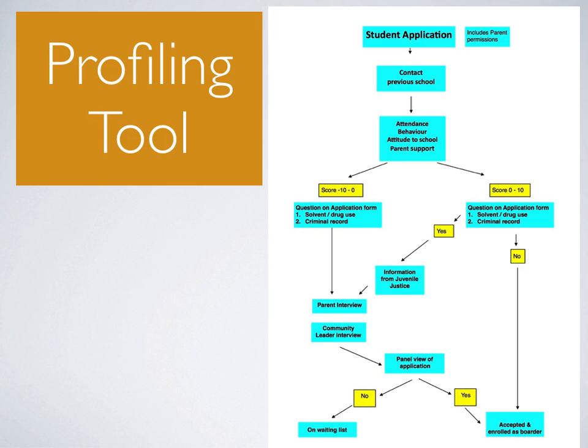Most students that apply to your residence will go down the left-hand side, down the right-hand side, where you do very little because it's quite obvious that they don't have any of those complex needs. If they do have complex needs, or if they've been involved in serious criminal behaviour or solvent or drug use, those sort of things, then you need to do a lot more interviewing to work out whether or not your residence has the capacity to meet this student's needs.